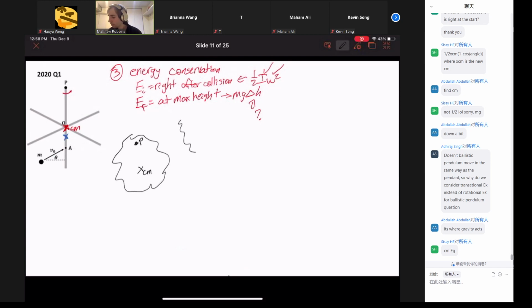Then afterwards, the object has rotated. The center of mass is in the same location, but there's now a height difference, meaning that that height difference gives rise to gravitational potential energy. Is everyone happy with that so far?